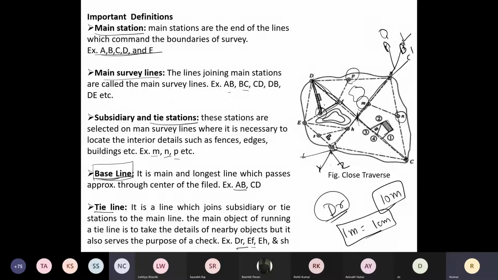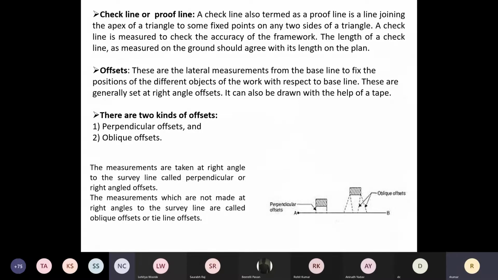It should match. Are you getting my point? A check line is a measure to check the accuracy of the framework. The length of the check line measured on the ground should agree with the length on the plan. This is our ultimate objective, to make the plan with the chain survey. Got it?